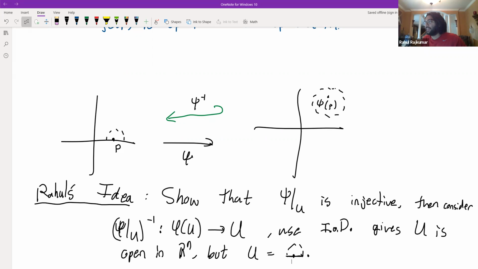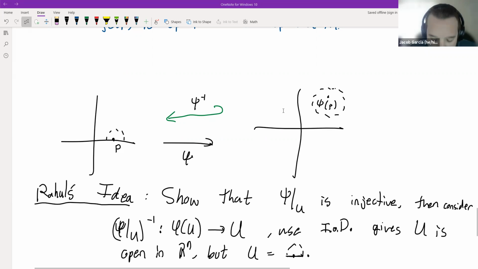Right, and I think you get that phi restricted to U is injective from the fact that it's an embedding. This is a fact of an embedding that if your differential is injective, then there is a small open set such that on that small open set, your function is injective.